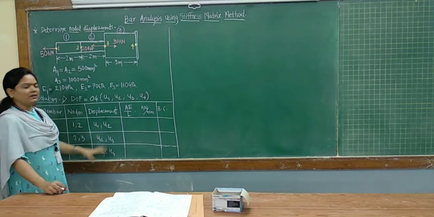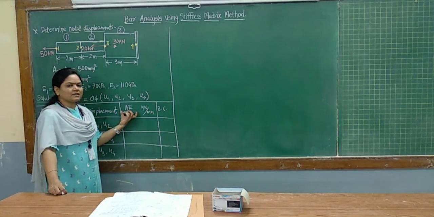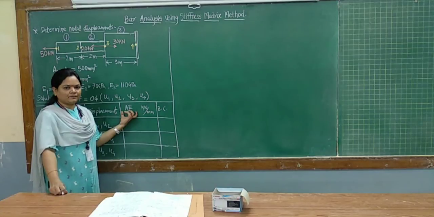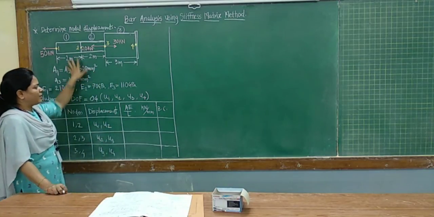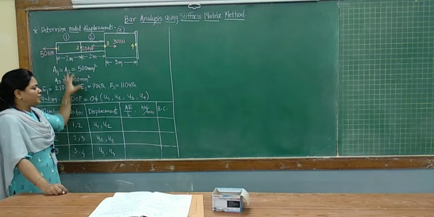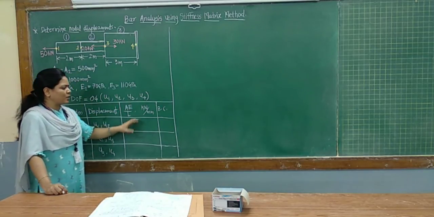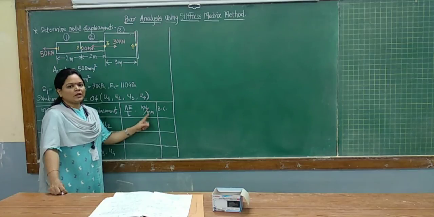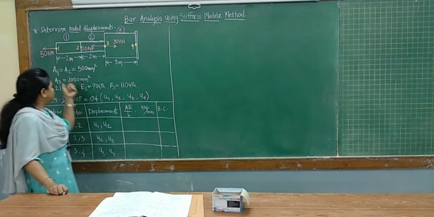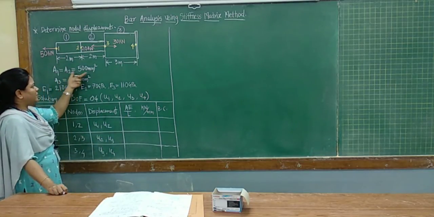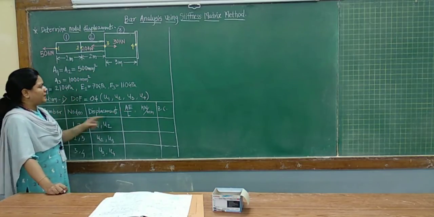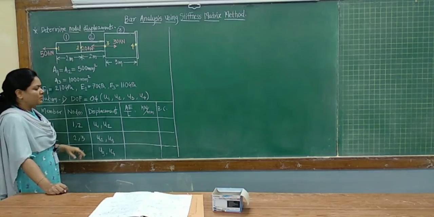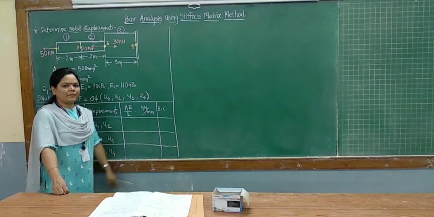Now calculate this axial stiffness AE upon L. So area, E and L for all the members are defined in the problem statement. Take those values and calculate AE upon L in kilonewton per mm. Area is given for the first member as 500, into Young's modulus 210. Length is given in meters, but here we have to calculate in mm.